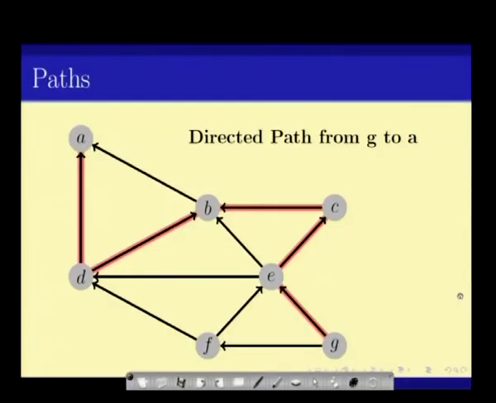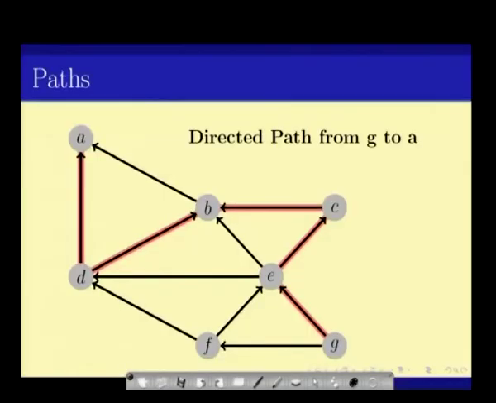Now, when the edges are not undirected but directed, for example, in this case say I have put directions on these edges, in that setting things become a bit more interesting. It is like a one way road, you can go on this road, but you cannot come back. For example, here from G to E you can go, no problem, from E to C you can go because it is a directed line, from C to B you can also go, but B to D is the edge going in the opposite direction.